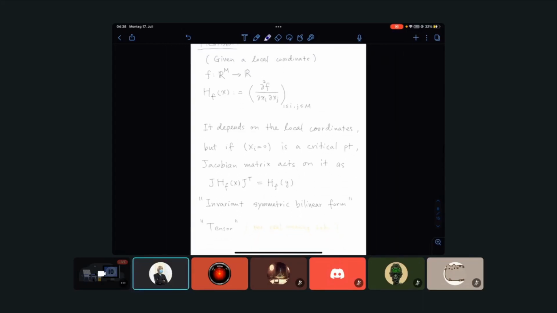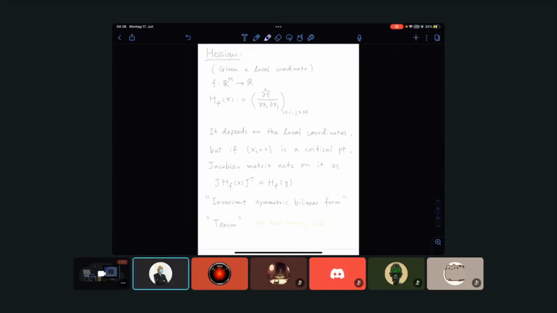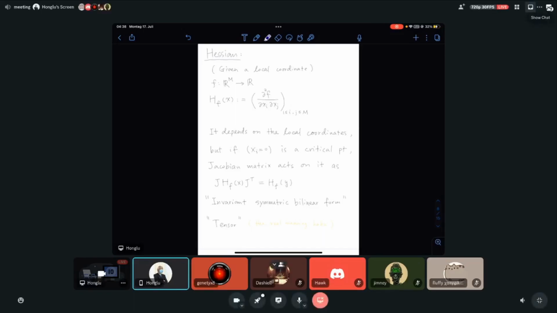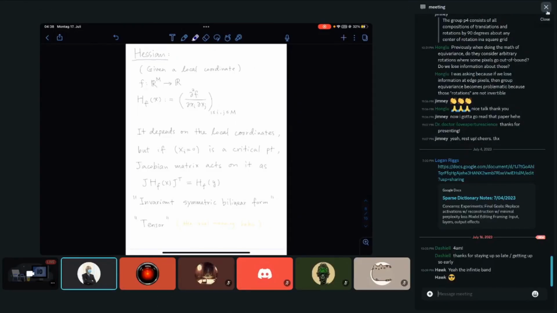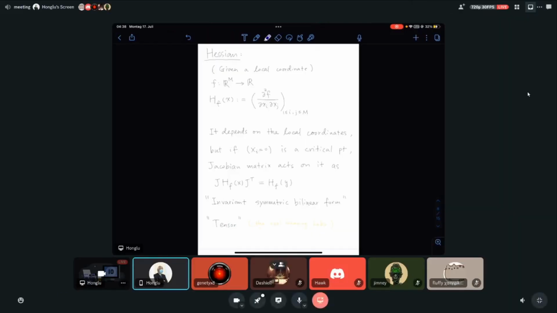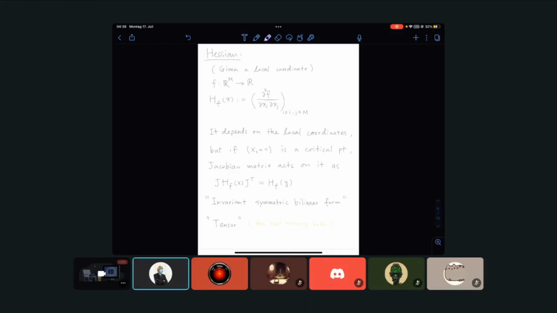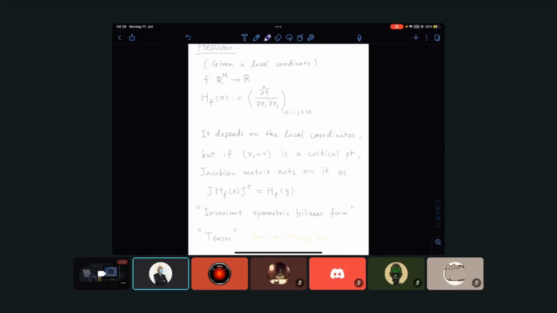This notion depends on units, right? If you do a change of variables of x, everything changes. So the Hessian by itself is not a good notion. In maths, we usually talk about tensors, which are invariant under change of variables and everything. But here, it does depend on the coordinate we choose. So it's not a good thing.